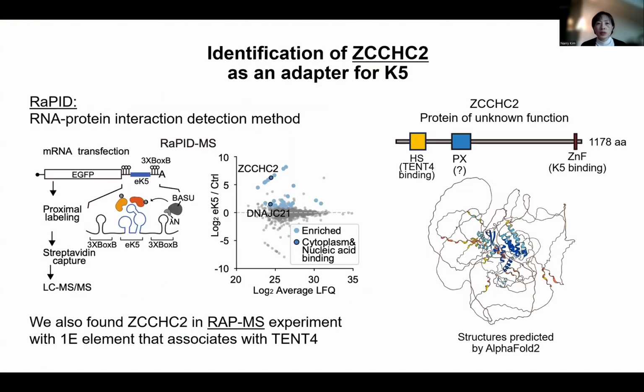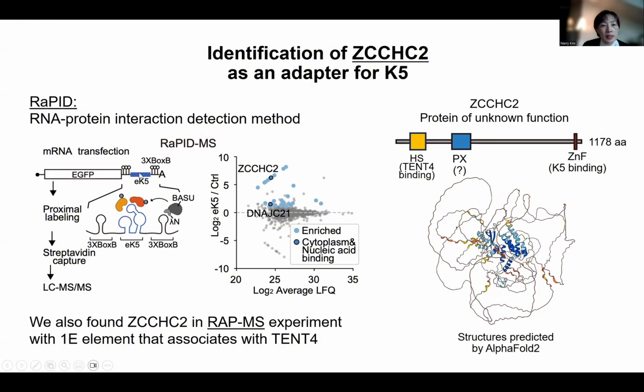We also learned later that K5 also requires an adapter. So to identify the adapter, we performed an experiment called RAPID, which is based on proximity labeling.